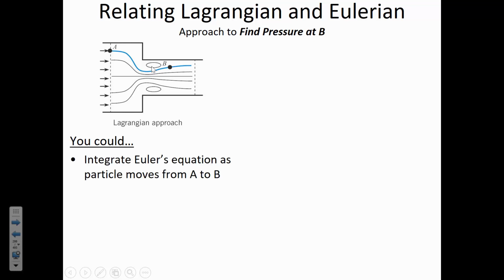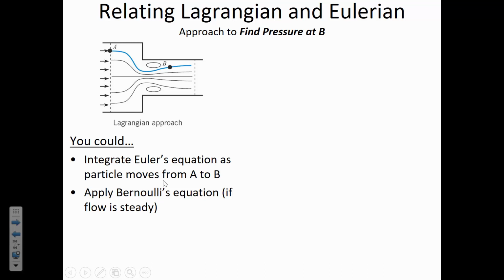So because of that, if you wanted to find out what's the pressure at B, if you know the pressure at A, you could integrate Euler's equation as it applies to a single particle traveling between those 2 points over a known time increment. In other words, there is a local acceleration occurring by a single particle, even when what's happening system-wide is a convective acceleration.